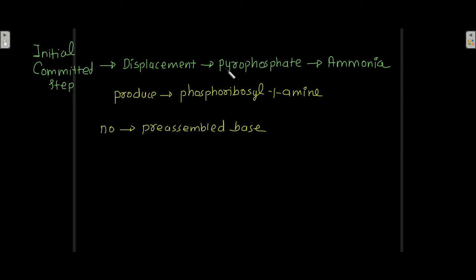So in purine biosynthesis, there is no pre-assembled base that is then attached to ribose. That is not how it takes place. It goes step by step, and the first step is the displacement of the pyrophosphate by ammonia, so at the end of the first step you have phosphoribosyl 1-amine.